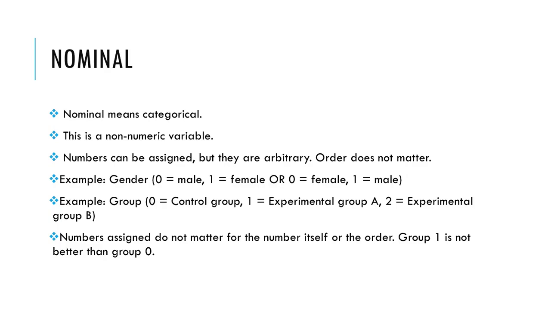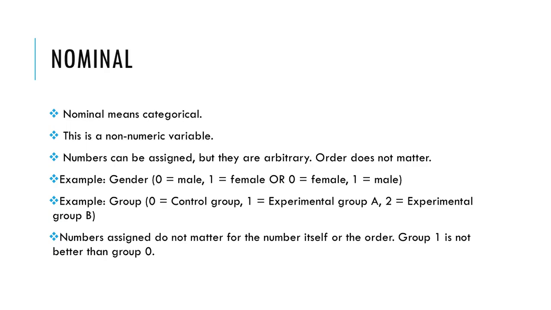So that way I could perform different statistics on them, because typically you want to use numeric values when you're doing statistical analyses. However, I could have just done the opposite and used 0 for female and 1 for male. It doesn't matter which number I assign, it doesn't matter what order they go in.